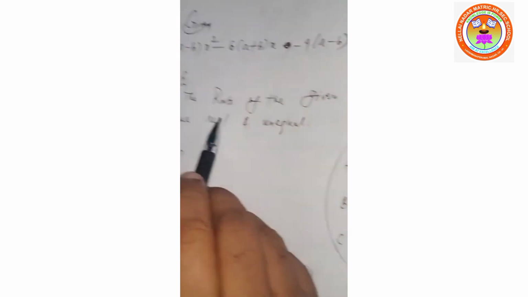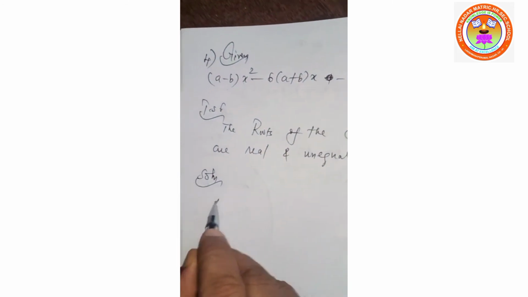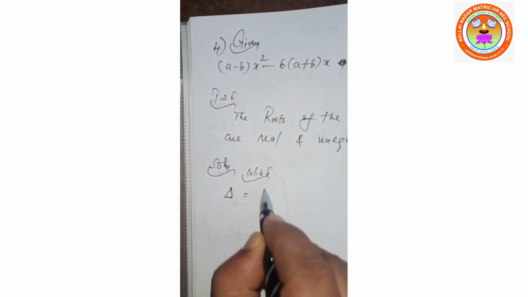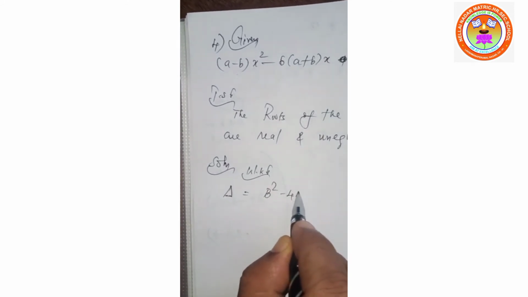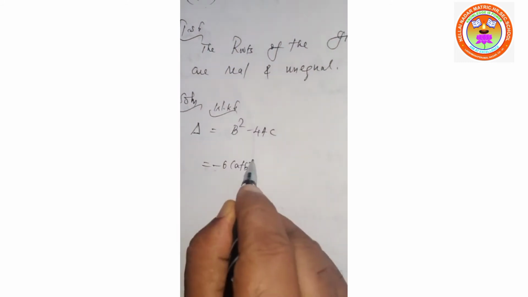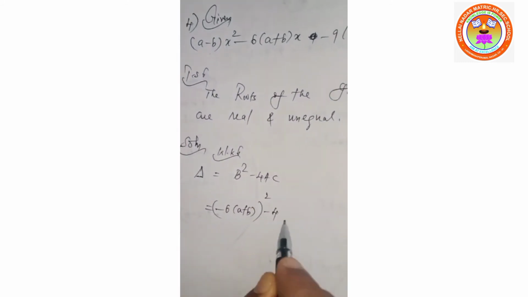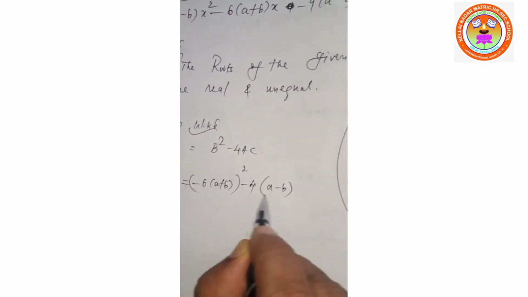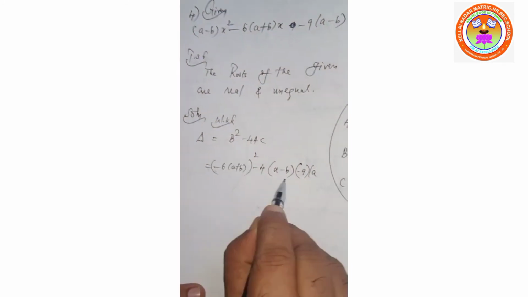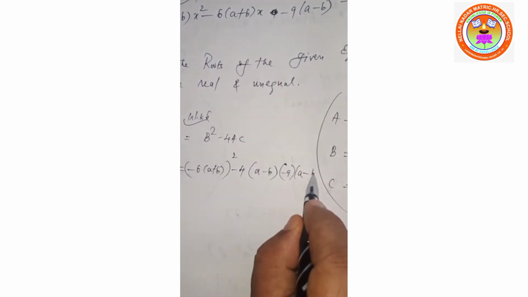For proving the roots are real and unequal, it is enough to find delta, that is equal to b squared minus 4ac. B here is minus 6 into a plus b, the whole square, minus 4 into a value, a minus b, and capital C value, minus 9 into a minus b.